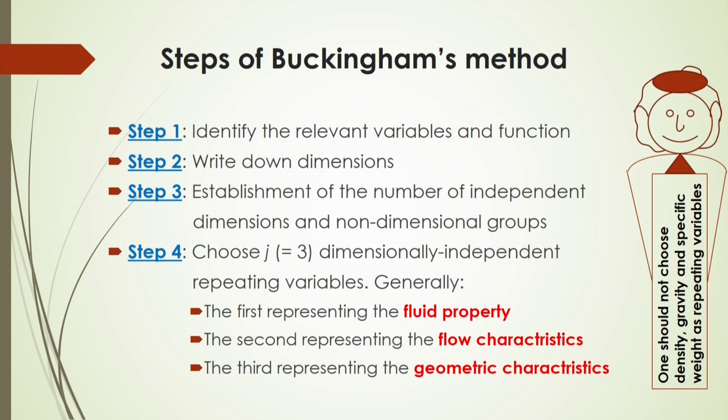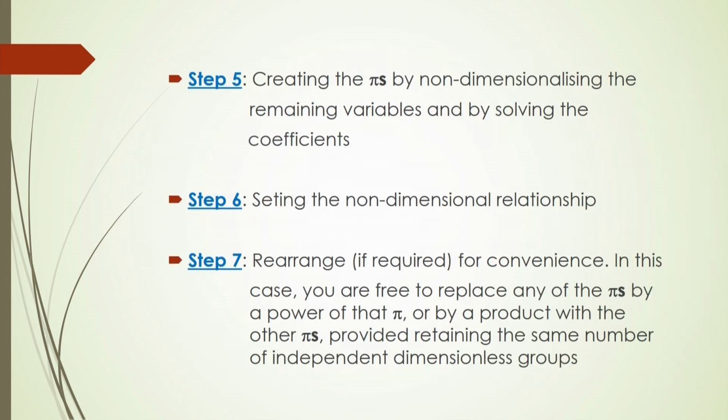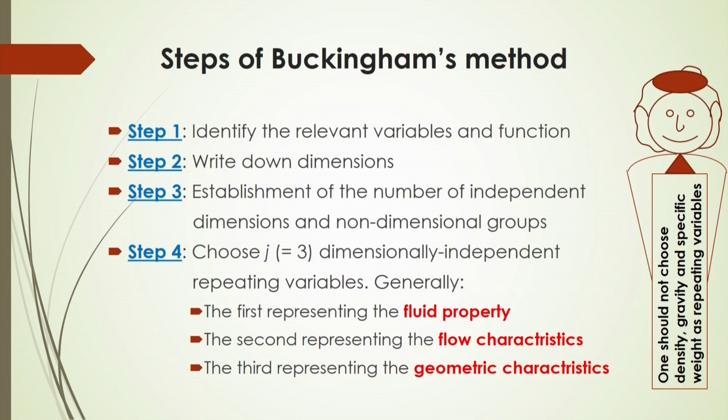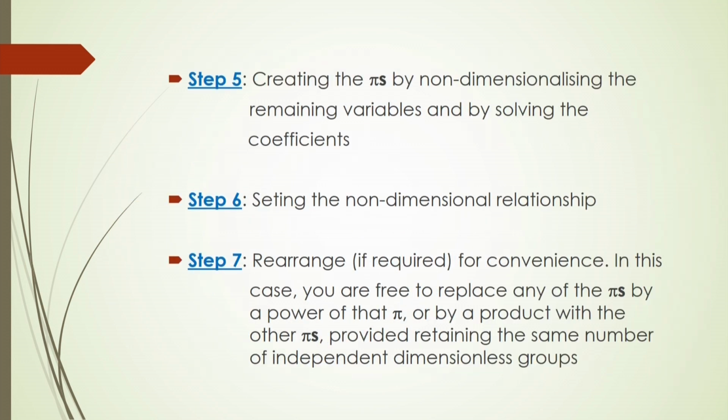So, fluid property may be viscosity or density or surface tension, either one you can select, and the flow characteristic like velocity of the fluid, and the third one is geometric characteristics, maybe length of the pipe or conduit or reactor, or diameter of the reactor. So, these are the variables to be selected as repeating variables.